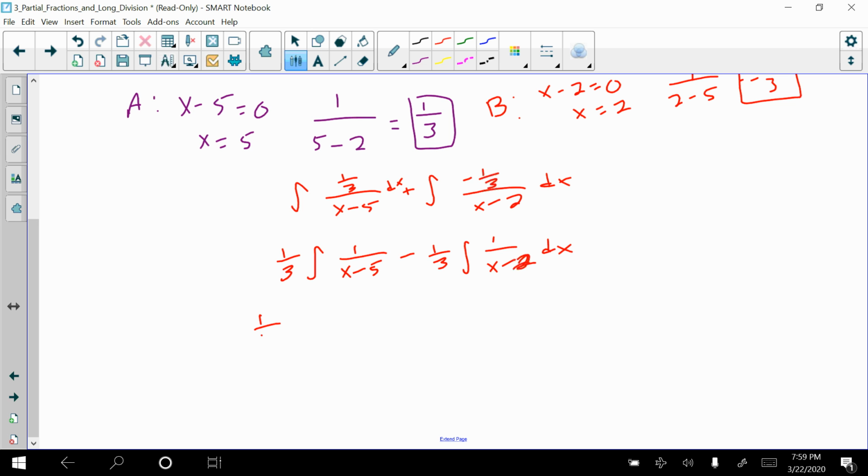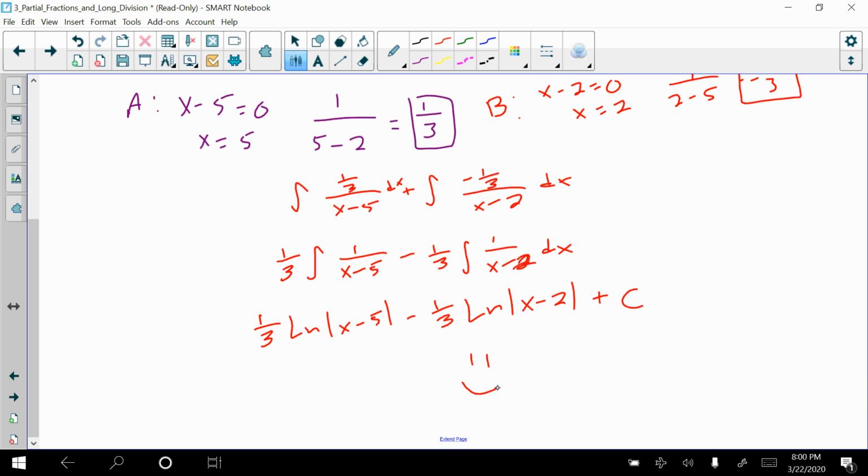So this would be 1/3 times the natural log of the expression x minus 5, minus the 1/3, and the antiderivative of that ratio will be another natural log of x minus 2. And because this is an indefinite integral, we say plus a constant, and that is as far as we would go. That's what we would do for partial fraction decomposition.